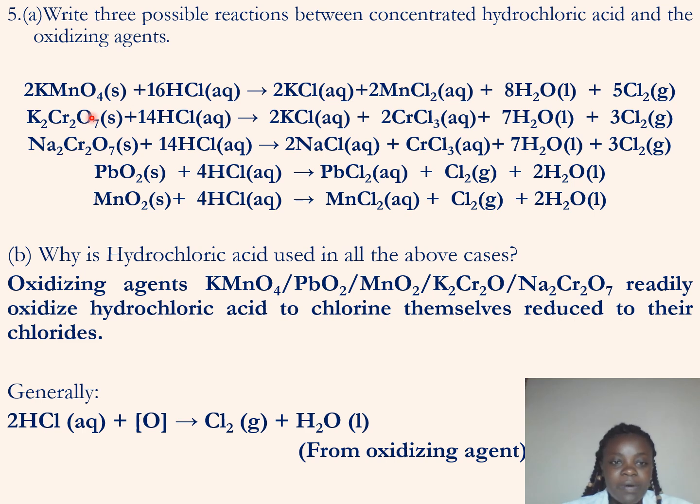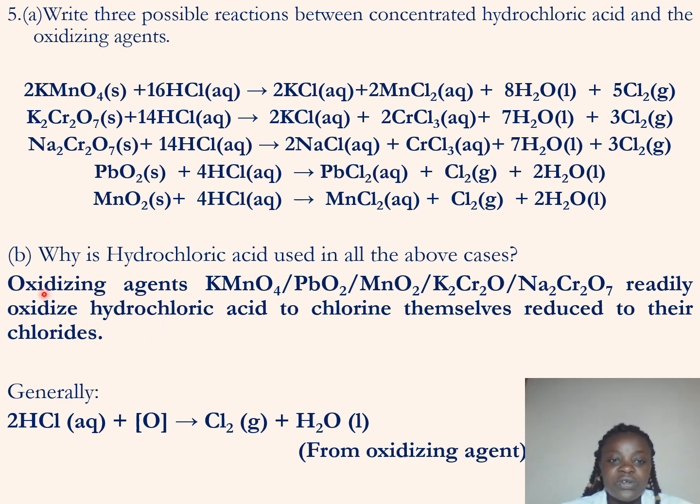That is potassium permanganate, potassium dichromate, sodium dichromate, lead oxide, with hydrochloric acid, to produce chlorine gas. So this will be the products. These are the chemical equations for the reactions.